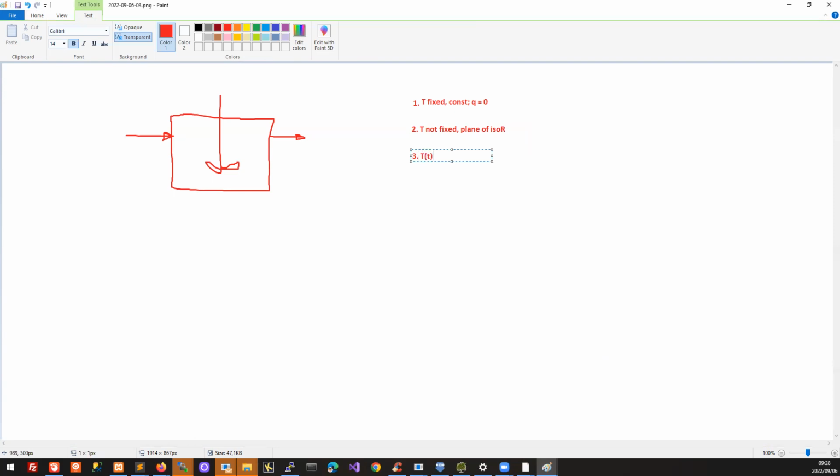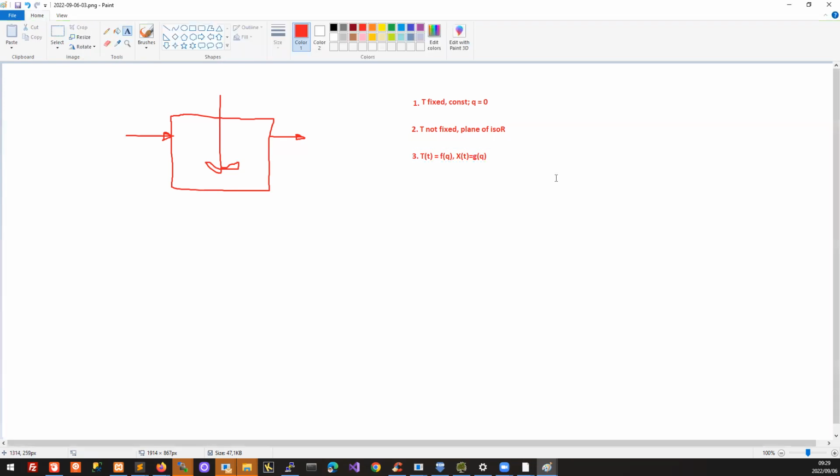T is changing due to the addition of heat. So when we were adding heat, then we could still determine the temperature change with time. And of course, associated with that was that the conversion was also influenced. So that was another function that was affected by the heat added.